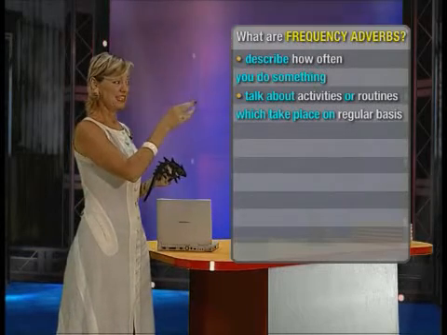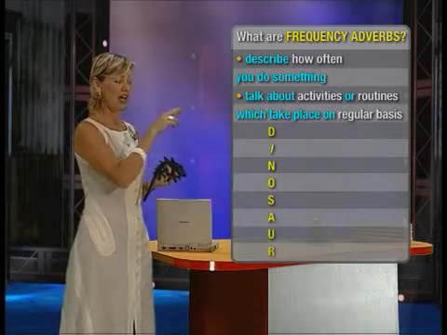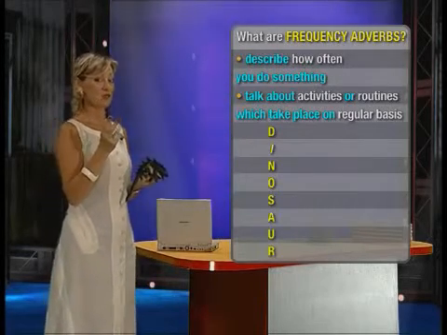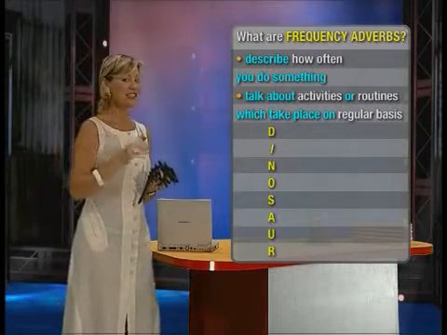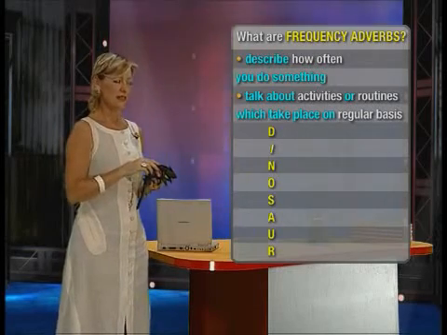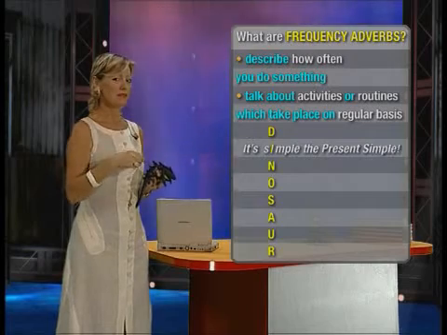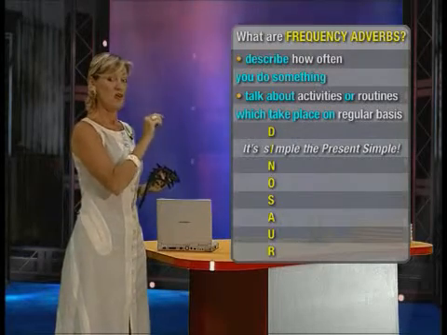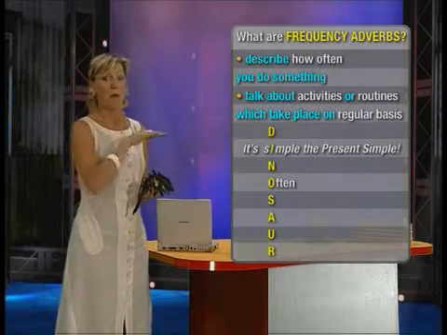Dinosaur. Look at the screen. We have D-I-N-O-S-A-U-R. Now, these letters represent a frequency adverb. Let's see if you can find them. What do you think O is? When you do something a lot. Yeah, often. O is often. What about N?